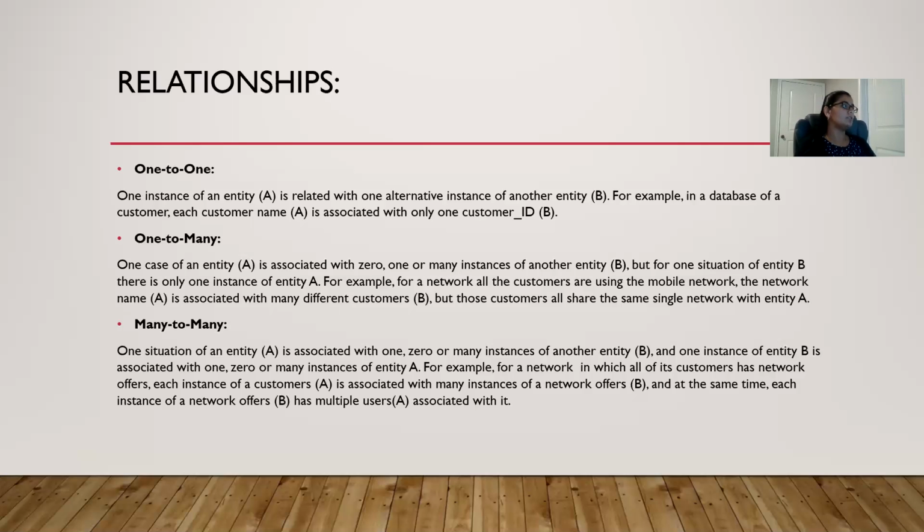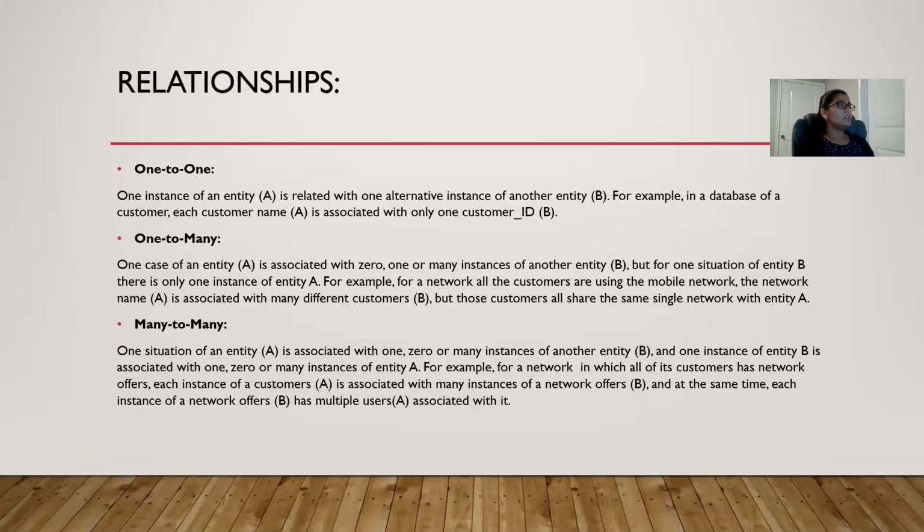The next one is many-to-many relationship. If one instance of an entity A is associated with 1, 0, or many instances of another entity B, and one instance of entity B is associated with 1, 0, or many instances of entity A, then the relationship is said to be many-to-many relationship. Say, for example, for a network in which all the customers have network offers, each instance of a customer is associated with many instances of network offers.